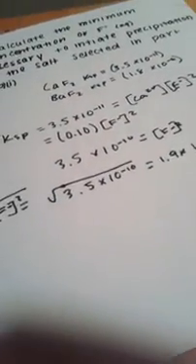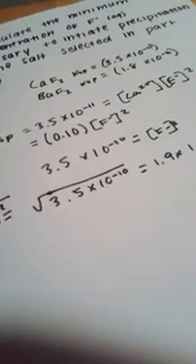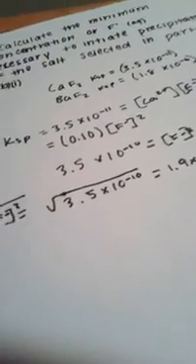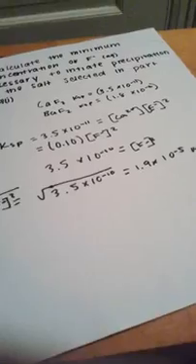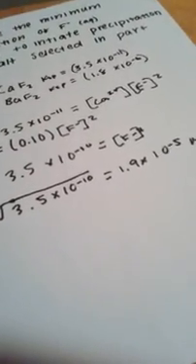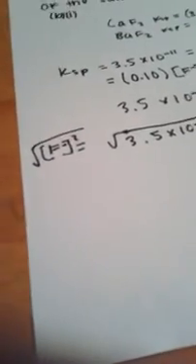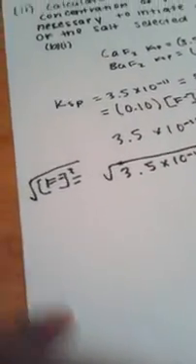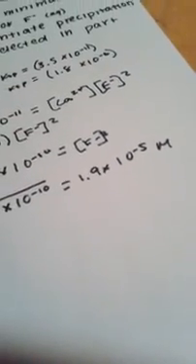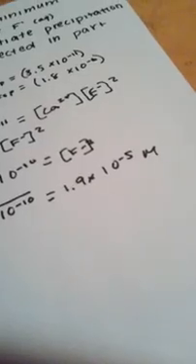So then you have 0.3 times 10 to the negative 10th power equals fluoride squared. So you would take the square root of both sides, which leaves fluoride, and now you have 1.9 times 10 to the negative 5th molarity, which equals fluoride.